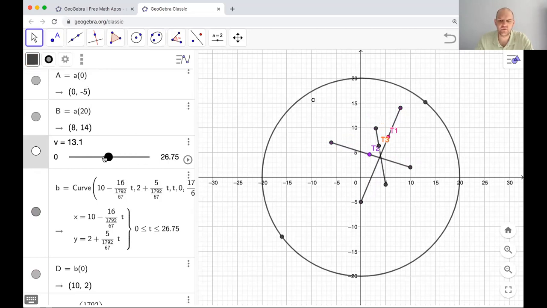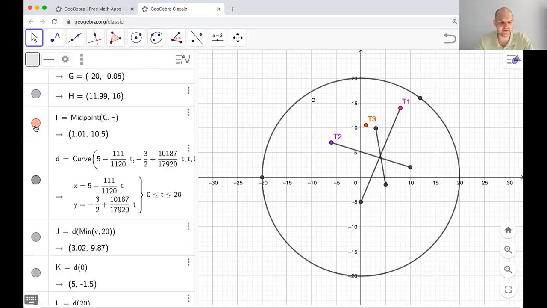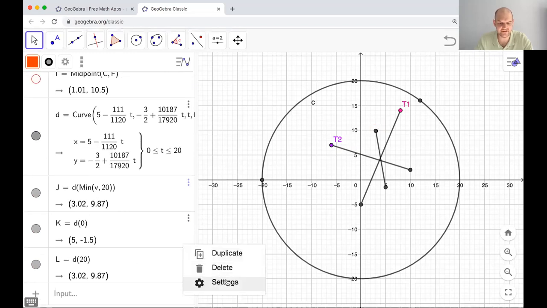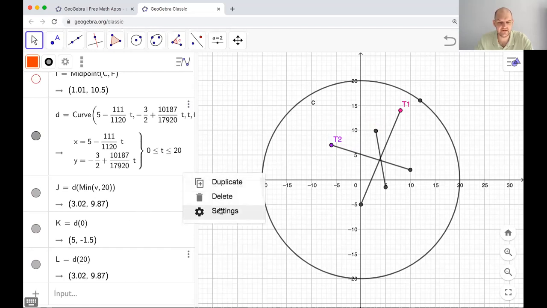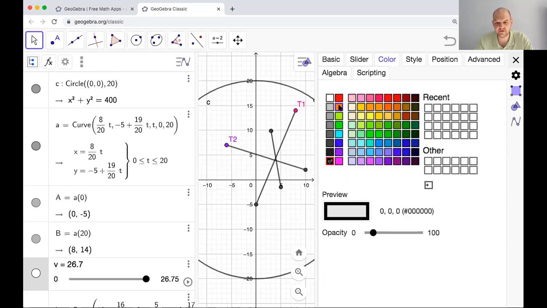So what's happening there is that GeoGebra is stopping T1 and then T3 is always the midpoint, so it keeps going. That's pretty neat. I'm going to hide that point and then rename this one so that it's doing what we wanted it to do. But wait, what point am I doing? This point. Settings.